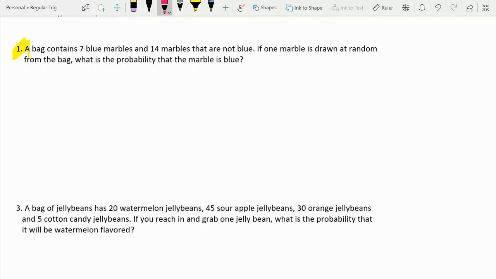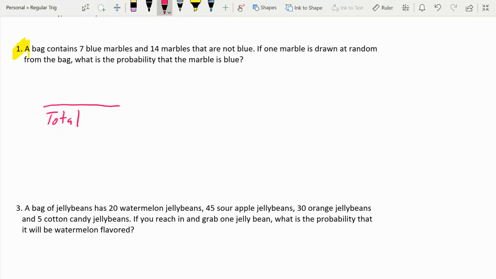A bag contains 7 blue marbles, 14 marbles that are not blue. Whenever you're doing problems like this and they ask you what's the probability, the thing you want to remember is it's always going to be the total. What is the total?